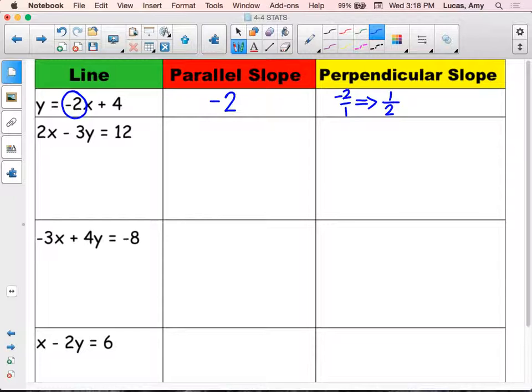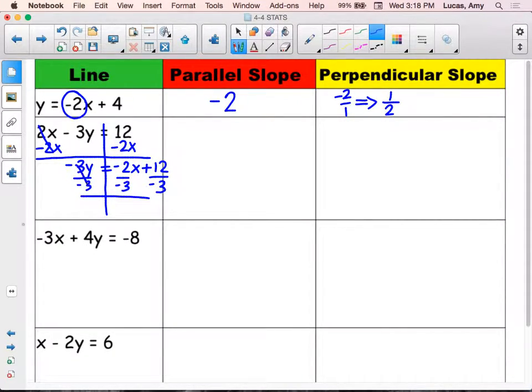The next 3 equations are not written in slope-intercept form. So we need to rewrite them. So I'm subtracting 2x because it's on the wrong side, and then I'm writing it in order, slope-intercept form. So -2x plus 12, and then dividing everything by -3 to get the y by itself.